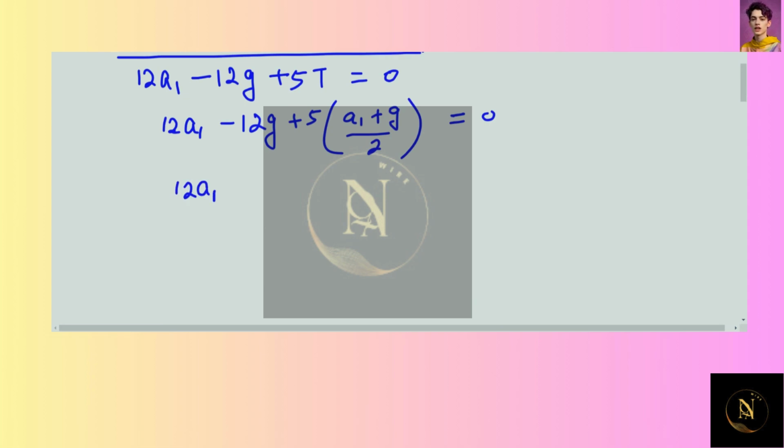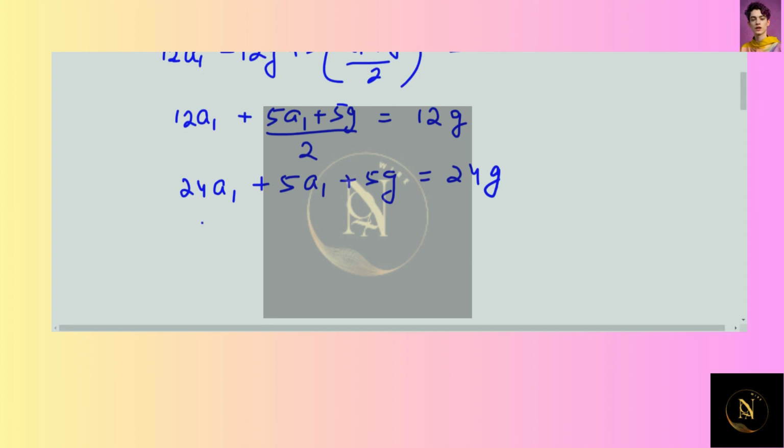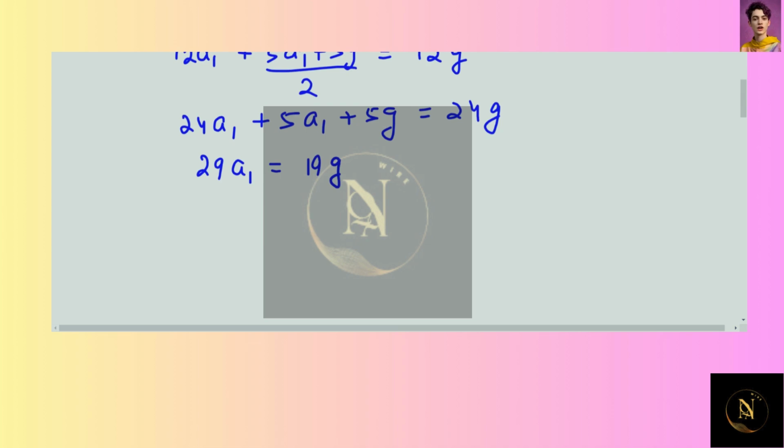So we get 12A1 minus 12G. I'll take minus 12G to the right, and we get plus 12G, and here 5A1 plus 5G over 2. So we get 24A1 plus 5A1 plus 5G is equal to 24G. From here we get 29A1 equals 19G, and this gives us the value of A1 as 19G by 29.